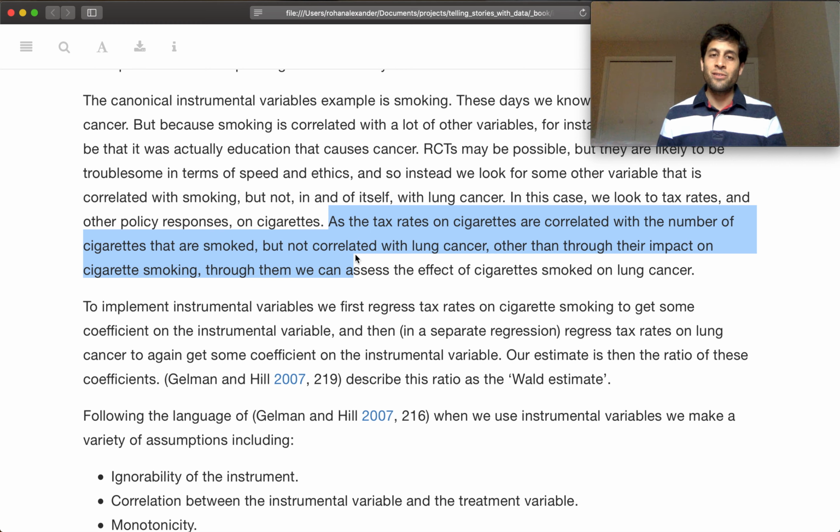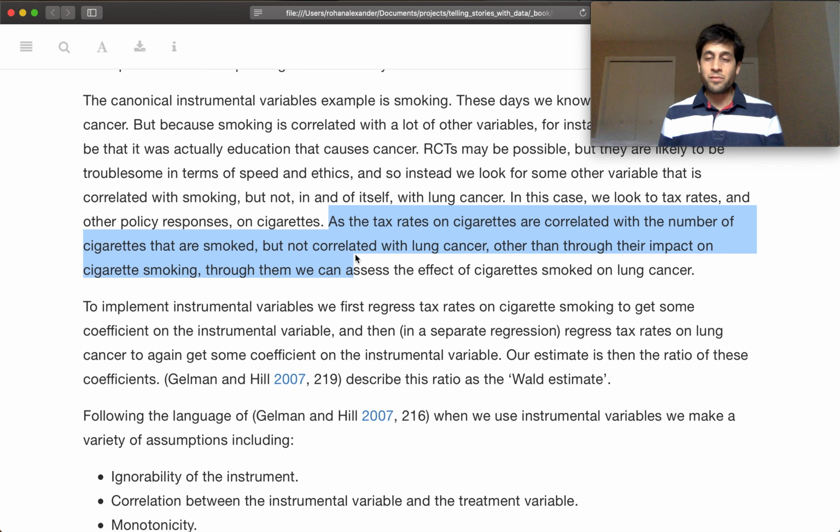And hence, if we vary the tax rate, and we feed that through our mechanism, we can be fairly confident that any result is an actual effect of cigarettes on health.